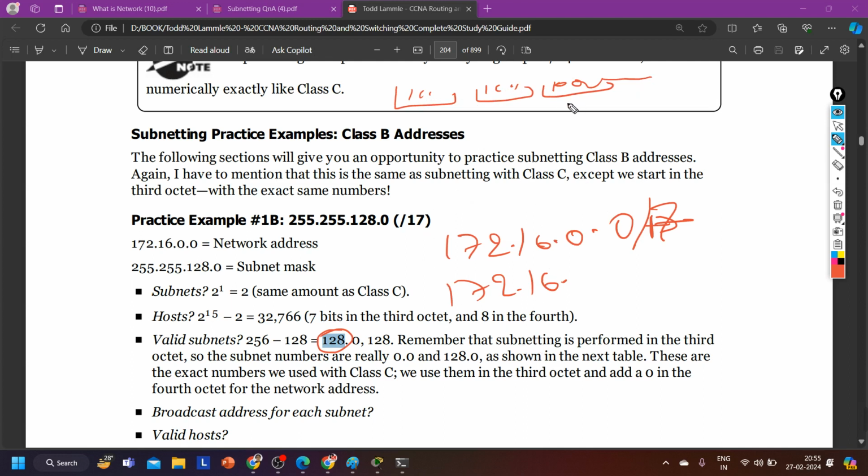So the last one is present in the third octet, right? So you are going to add 128 over here. Your first network is 172.16.0.0. The second network is 172.16.128.0. Then what will be the last IP address of the first network?